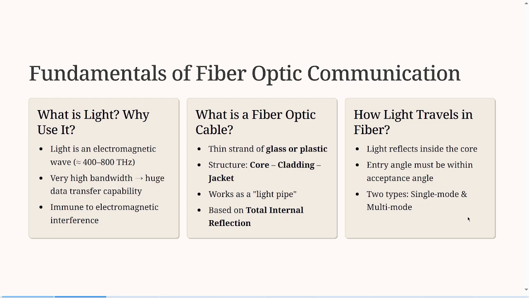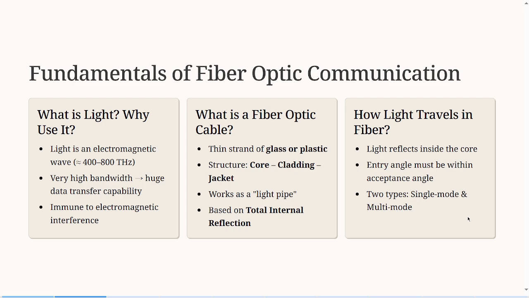You can imagine the core as a light pipe where light enters, reflects repeatedly, and reaches the other end with minimal loss. For this to work efficiently, the light must enter the fiber within a particular acceptance angle.